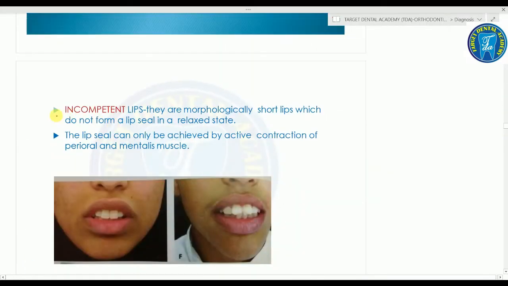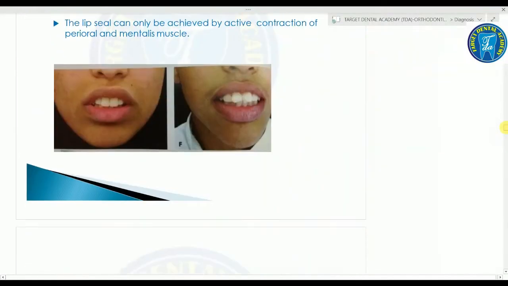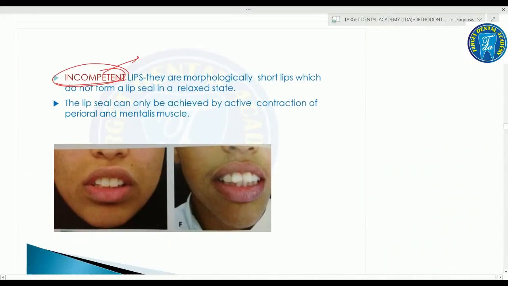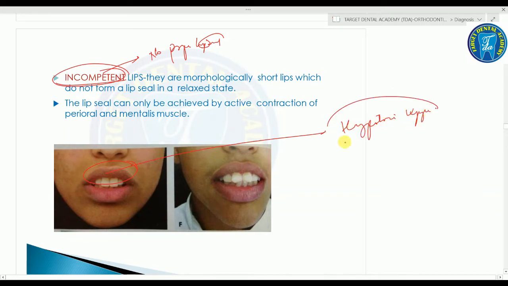Second are the incompetent lips. It means the patient is not able to close the lips properly. There is no proper lip seal. Why? It might be due to a hypotonic upper lip, which means a short upper lip.